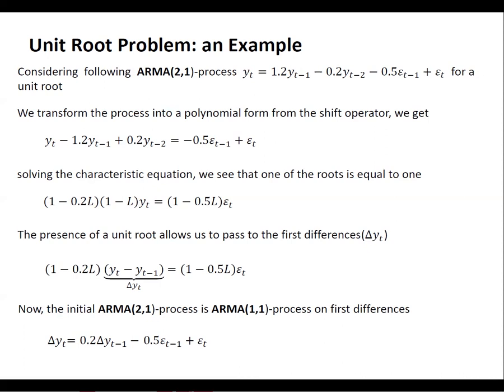Theoretically, this is the same: ARMA(2,1) on y_t and ARMA(1,1) on the first differences. But empirically, the question is, how do you estimate the parameters from real data? On the original series or on the first differences?